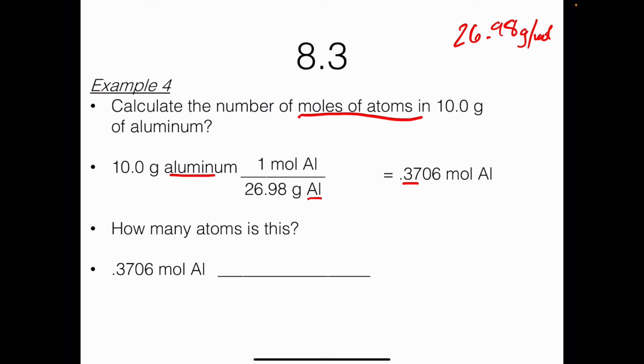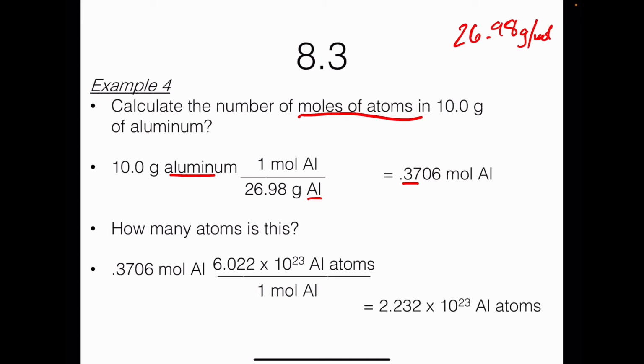So I'm going to draw my line, 1 mole of aluminum on the bottom, and what's going to go on top is now Avogadro's number, 6.022 times 10 to the 23rd atoms. Notice I'm going to end up with slightly more than a third of a mole. And if I do this calculation, 0.3706 times 6.022 times 10 to the 23rd, put this number in your calculator, you end up with 2.232 times 10 to the 23rd aluminum atoms.